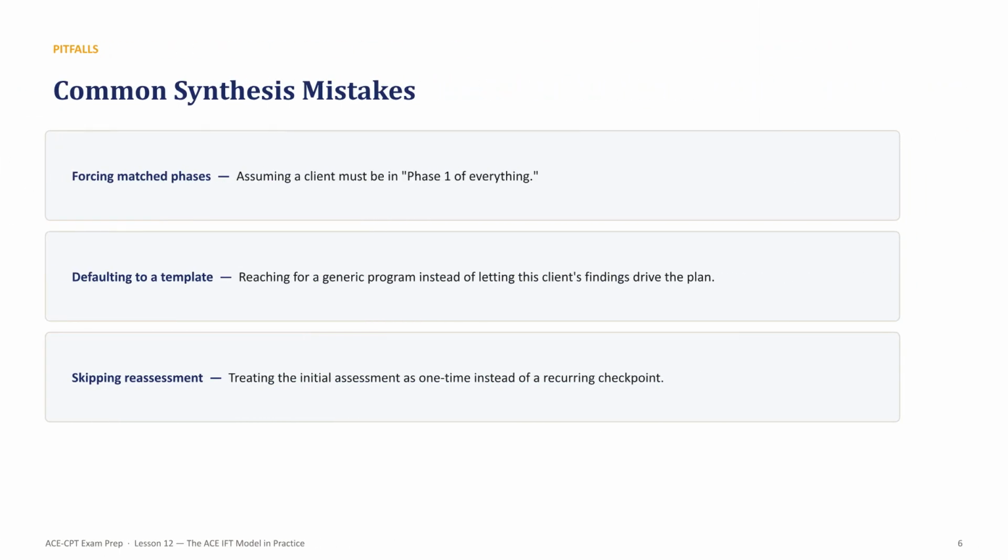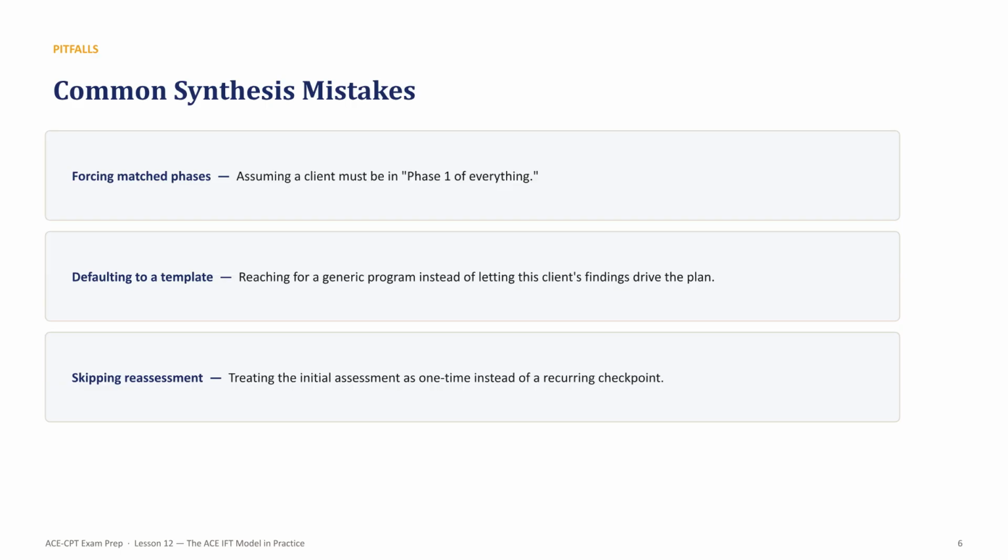Let's talk about the mistakes trainers commonly make when they try to pull all of this together, because the exam loves to test exactly these traps. First, forcing matched phases. Assuming a client has to be in, say, phase 1 of everything, across the board, when really each component stands on its own findings.